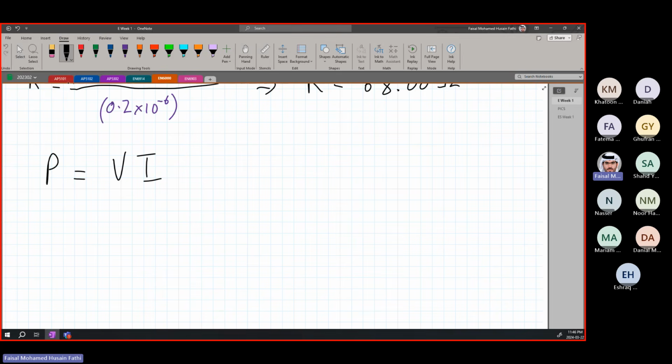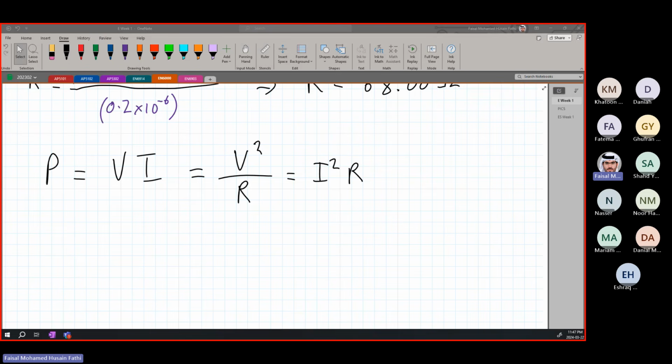So the power is equal to the voltage times current, or if we apply Ohm's law, it's equal to the voltage squared over the resistance. Or it's equal to, if I'm not mistaken, the current squared times the resistance. Let me just double check with the formula sheet. Yes, exactly.